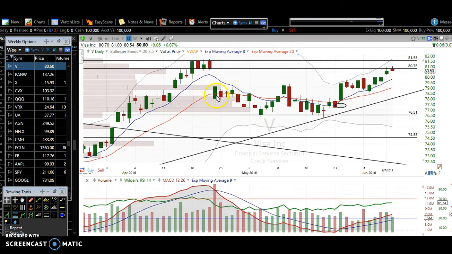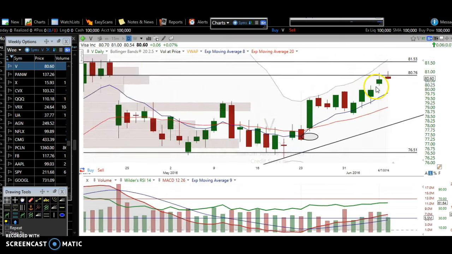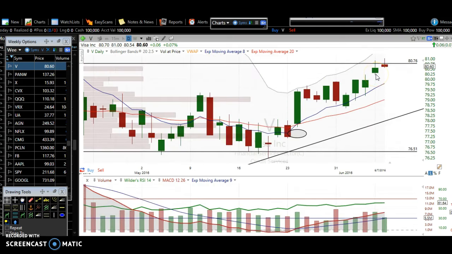We gapped down from these highs, came back up here, and filled that gap yesterday. So that's resistance, and we're seeing two topping tails. Yesterday we had a topping tail right here, and today we had a topping tail as well.